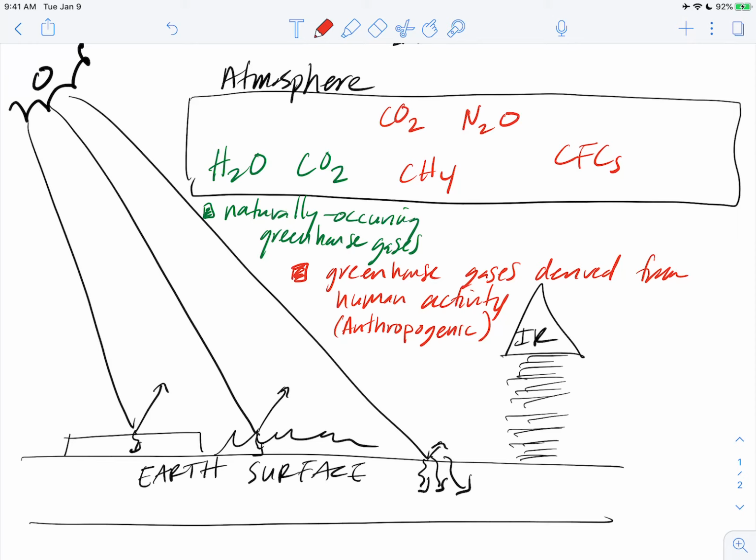These are all emitted. You'll notice that CO2 is both a naturally occurring greenhouse gas as well as anthropogenic, which means we have put a lot more of it than was naturally there. These are all derived from activity. CFCs are chlorofluorocarbons.